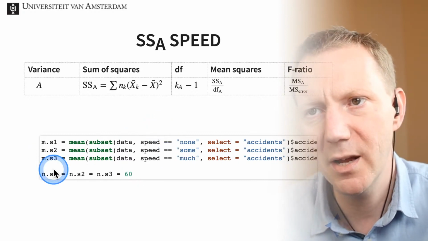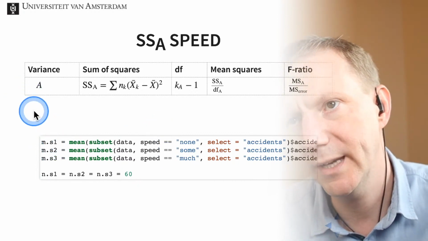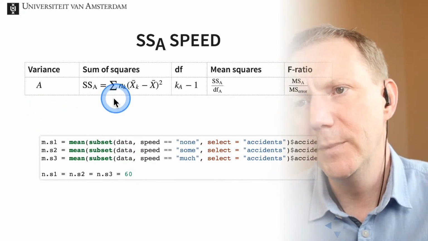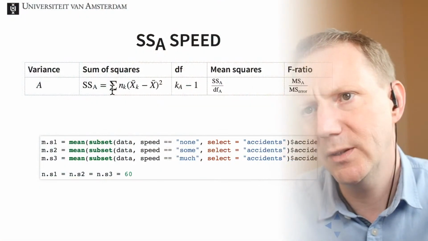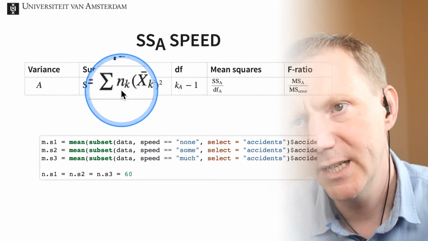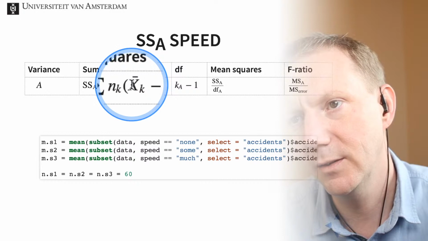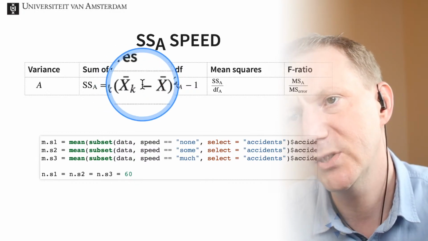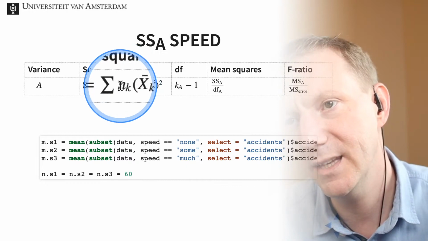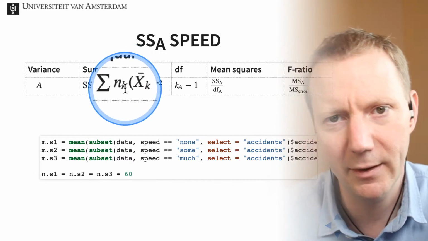So what is done here is, when we're looking at speed, the way it is set up is essentially the same as we've seen with the previous example. We are again looking at the mean of the group, subtracting the total mean, squaring it, and multiplying this with all the people in that group.